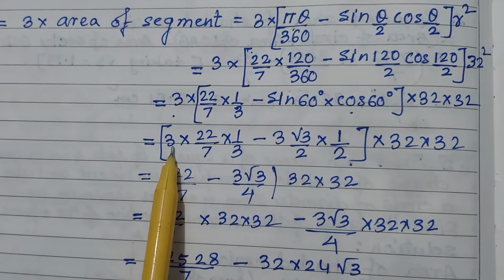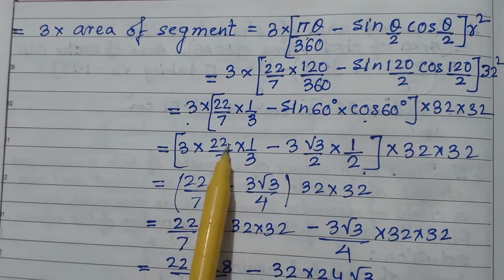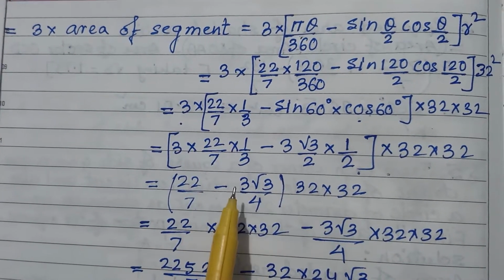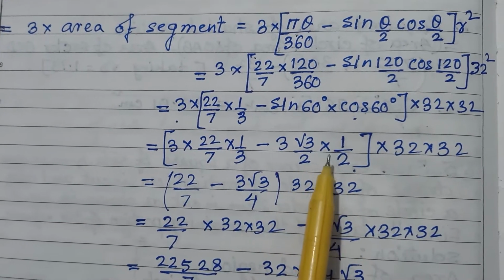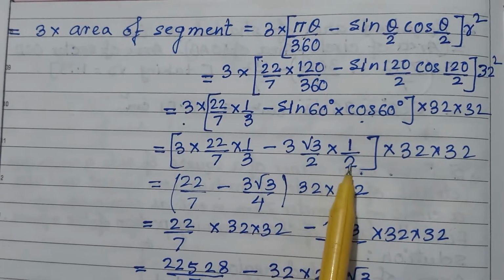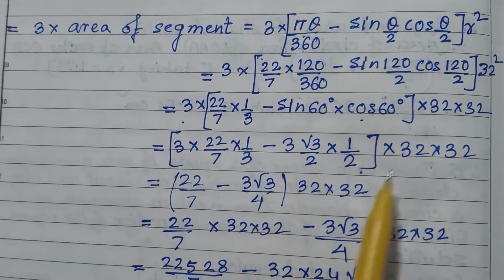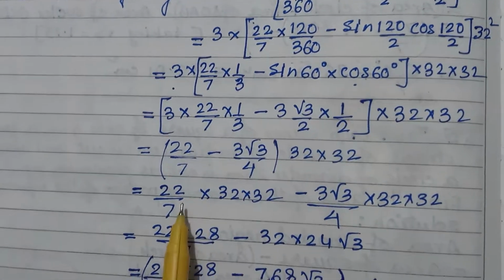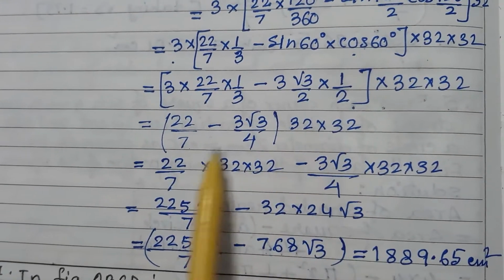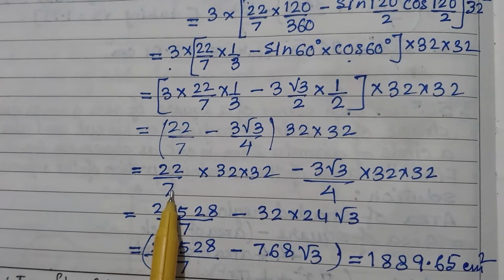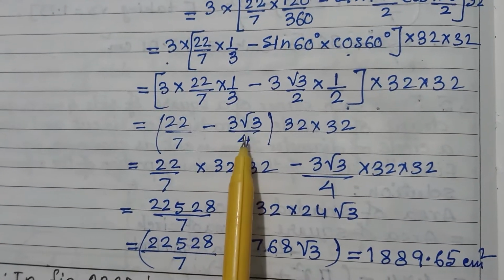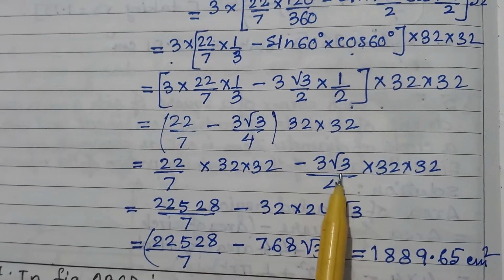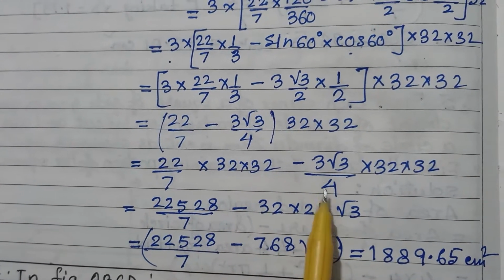Now by calculation the 3 cancels, 22 upon 7 minus 3 upon 4 root 3, and 32 into 32. After that the calculation is very easy. You multiply 32 into 32 with 22 upon 7 and 3 root 3 into 4, in two parts we divide it.